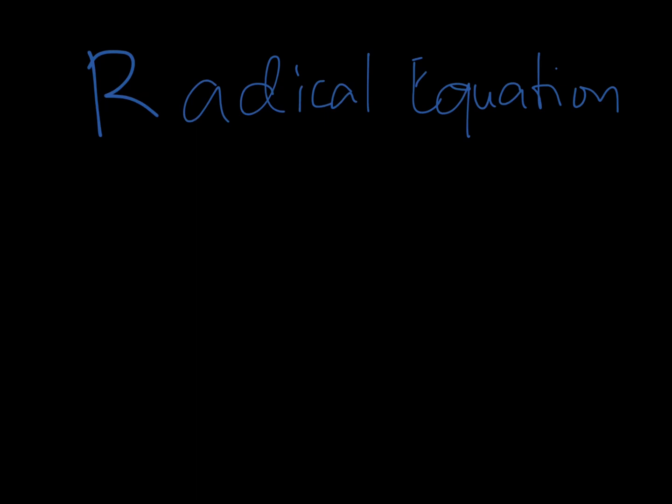So in this video, we're going to talk about radical equations. Square root equations are examples of radical equations. When we say radical equation, it is an equation that contains a variable in a radical.